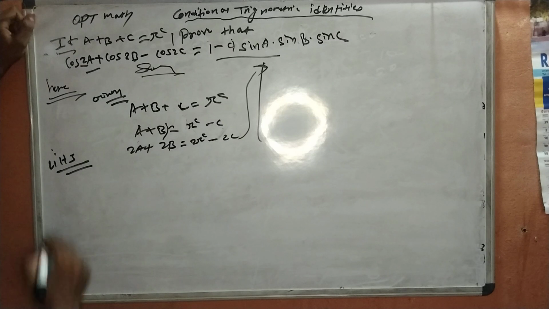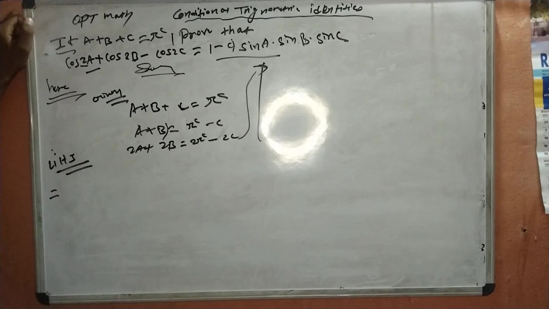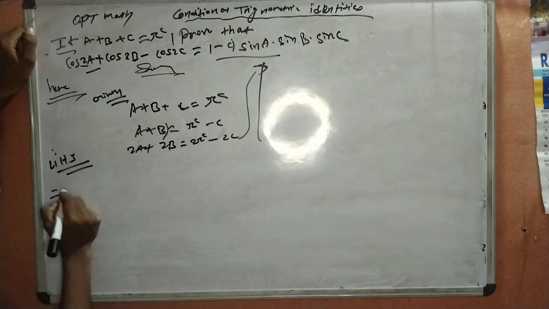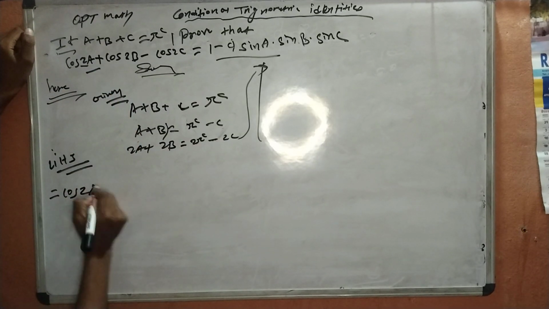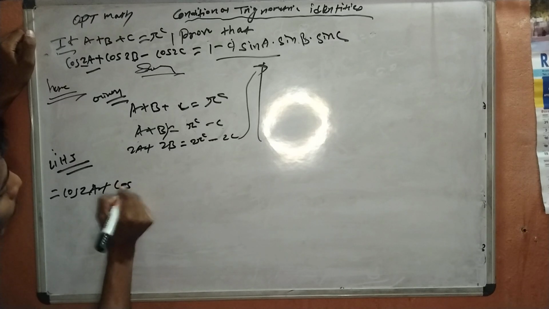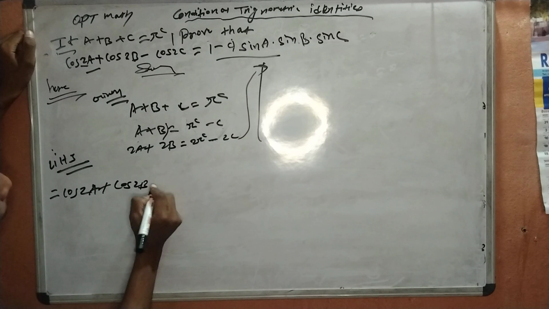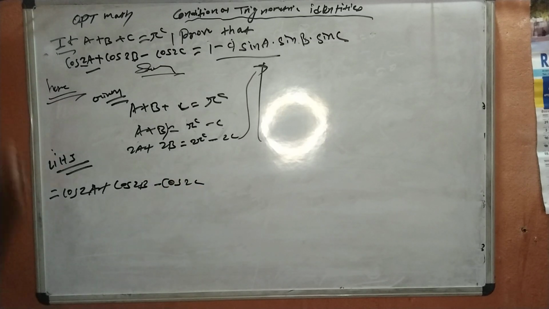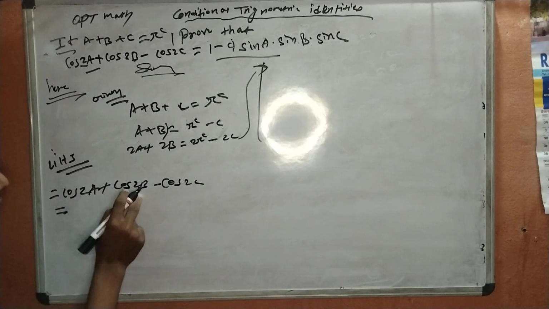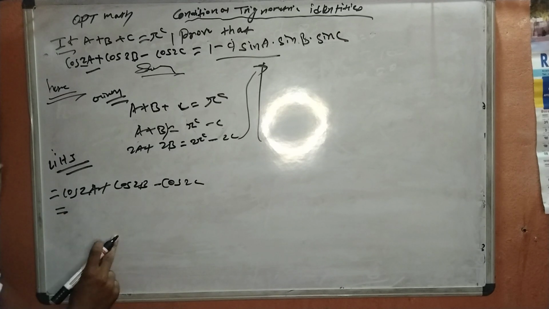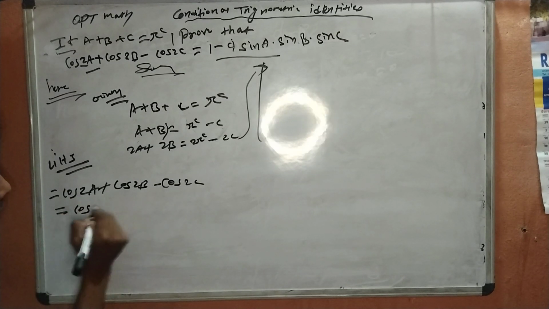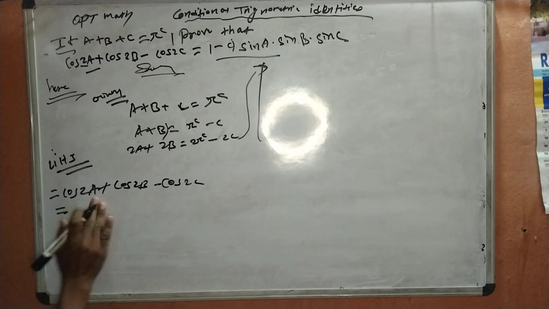Now listen to me, friends. First of all, we have to identify which type of question is given and what condition we have to put. Just take the LHS: cos2A plus cos2B minus cos2C. This is going to a formula, so let's check whether it fits.